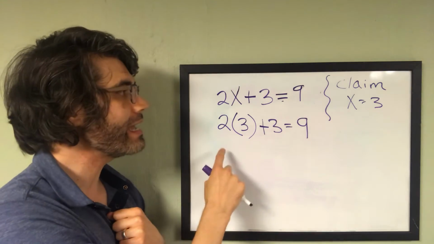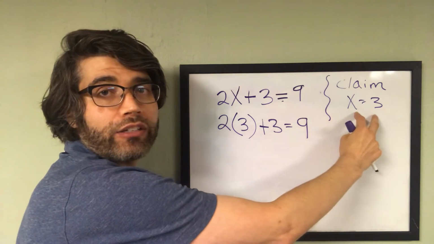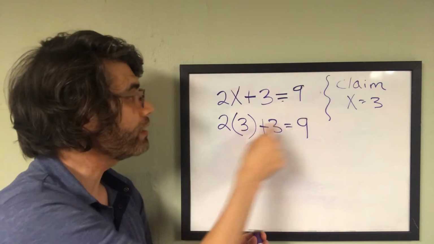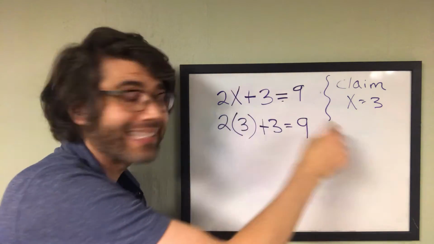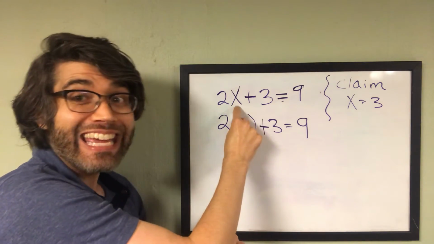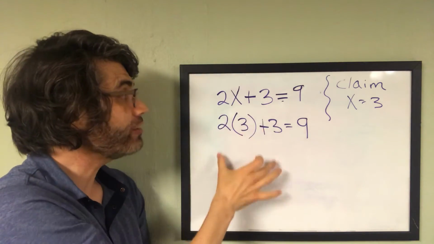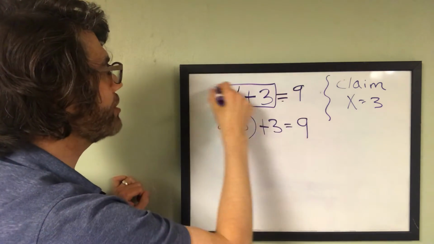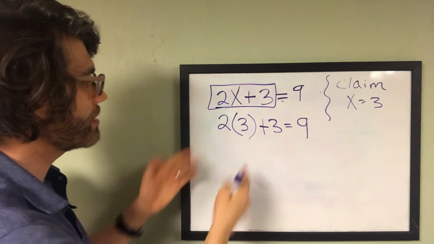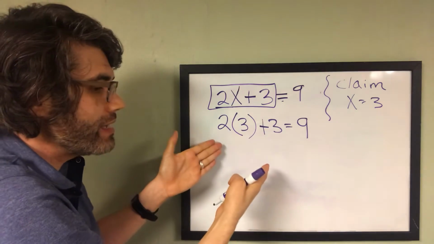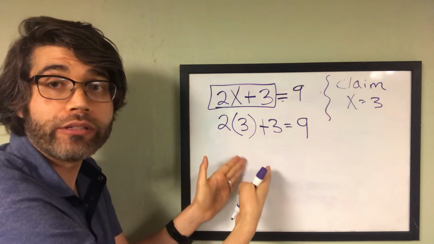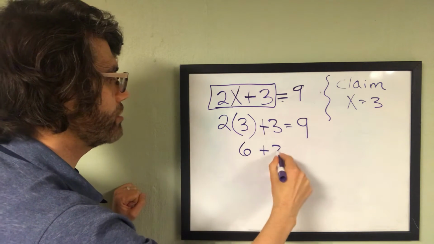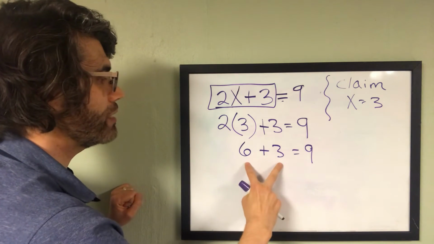So let's see if this claimed solution is indeed the true solution, which means that once we plug or substitute or replace this claimed value back in for x and evaluate this side with 3 in for x, we need to then see what the arithmetic boils down to. So 2 times 3 is 6. And then 6 plus 3 is 9.